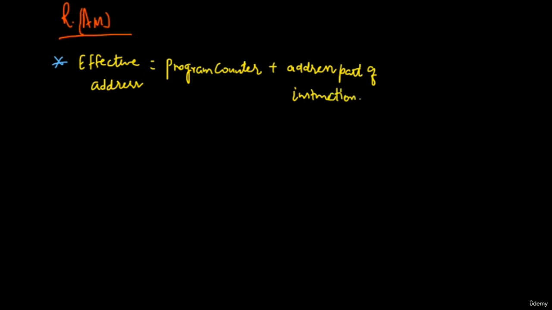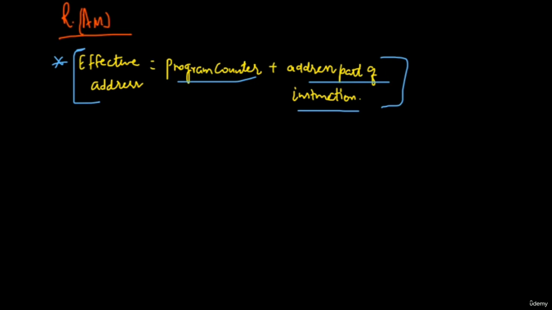So this is all about it. Effective address is program counter plus the address part of the instruction. You can treat it as a formula, a relation, or whichever way you like to call it. This is all about the relative addressing mode. Okay, I hope you have got it.